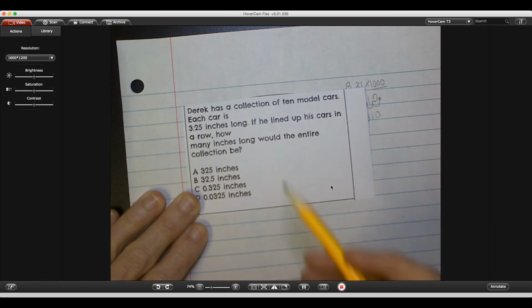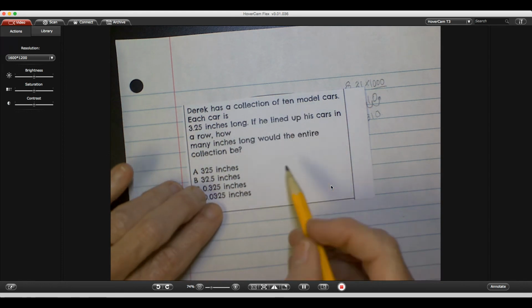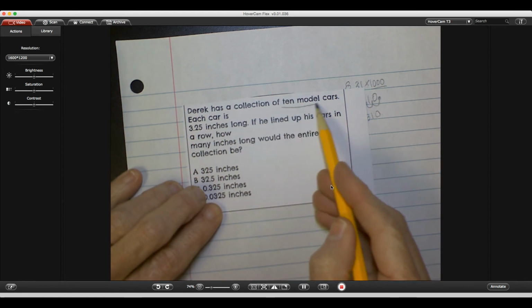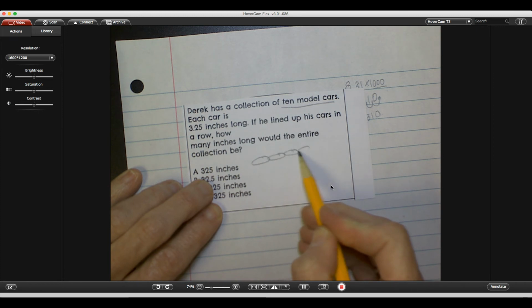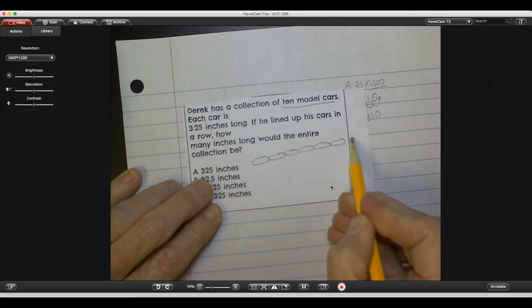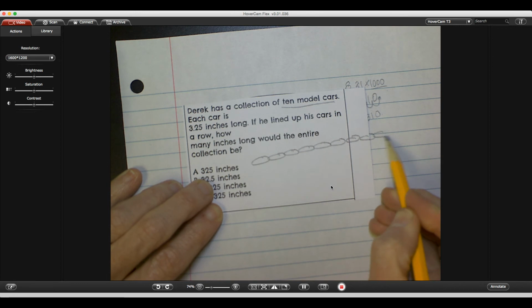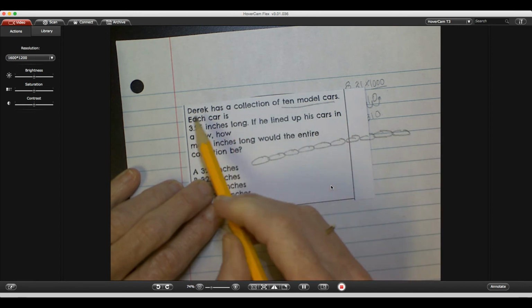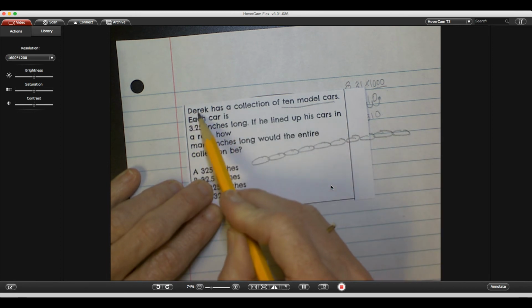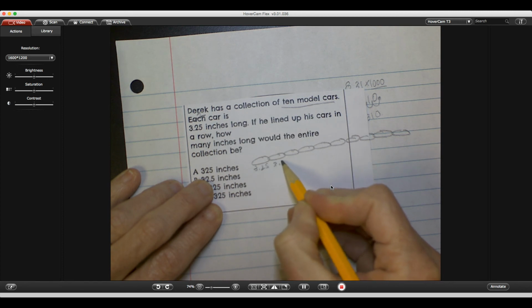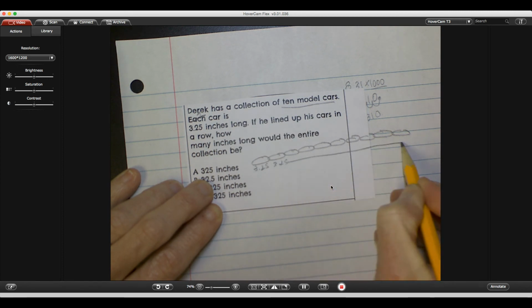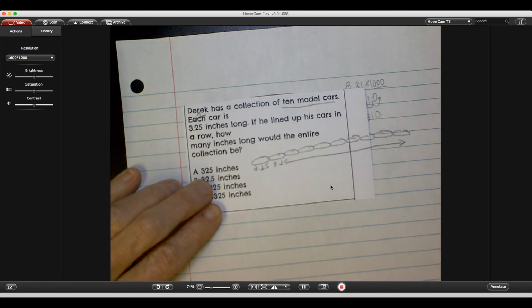Okay, folks, so I can draw a quick model of this, 10 cars. So 1, 2, 3, 4, 5, 6, 7, 8, 9, and 10. If each car, and each means 1, is 3 and 25/100ths, I could go on adding that to my drawing.